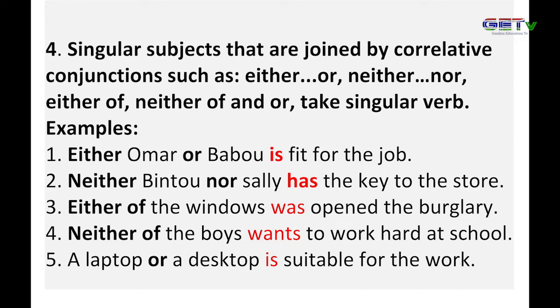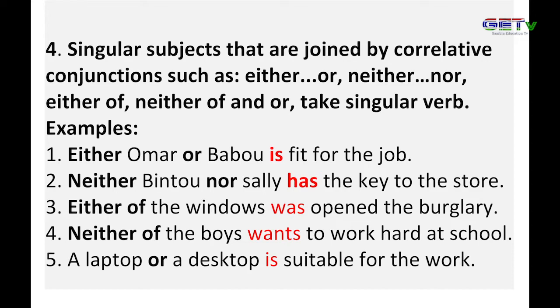You could have said, Omar and Babu are fit for the job, because and is a coordinating conjunction. And when coordinating conjunction joins two singular subjects, it takes plural verb. But because they are joined by correlative conjunction, it takes singular verb. So you said, either Omar or Babu is fit for the job.